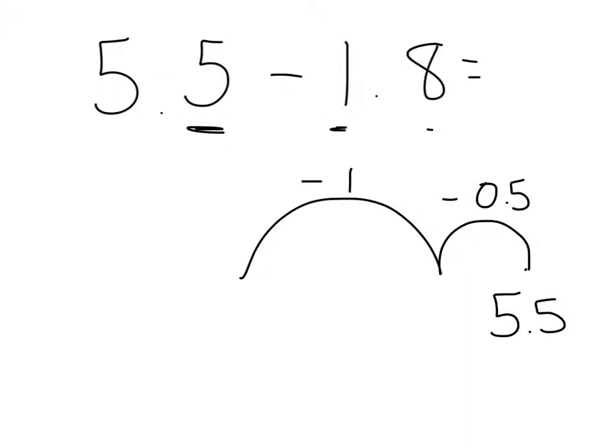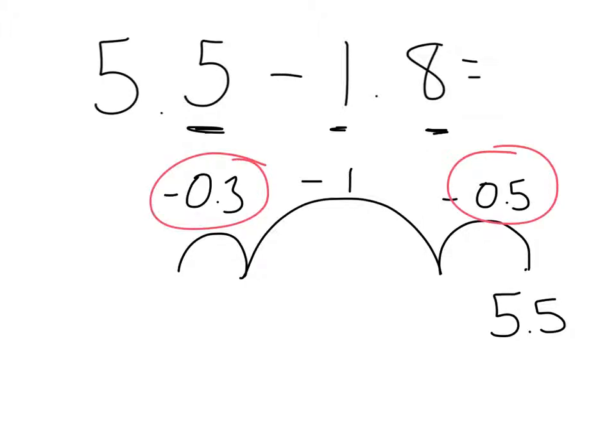And the extra difference between 0.5 and 0.8 is a small jump of 0.3. So, in these 3 numbers, 0.3, 0.5 and 1 add up to 1.8 there.